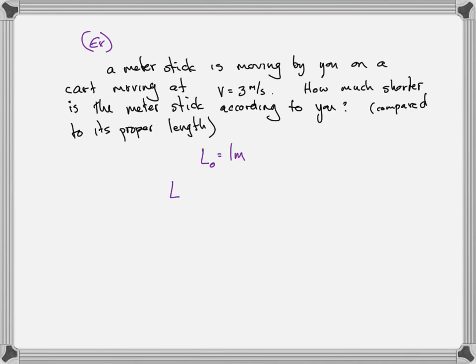And you know that you measure a distance equal to the proper length divided by gamma. We could fit this into the Lorentz transformation equations, but we know this about proper length and length measured in any other reference frame, so we can do it this way. We also know that gamma is equal to 1 over the square root of 1 minus v squared over c squared.